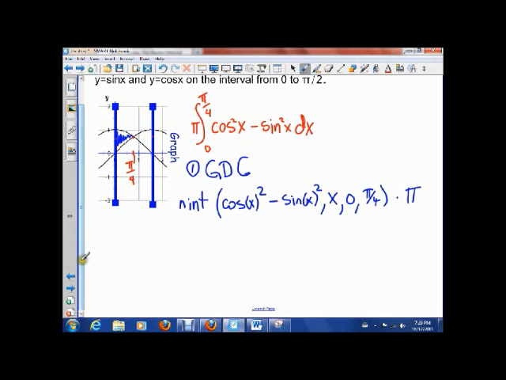Okay? Option number 2, if you don't have a graphing calculator, you need to make this look like something that we've seen before and that we can integrate. Well, there is an identity that you do need to know. It's in your booklet, which you will have access to on the test. Okay? This is equal to cos 2x.